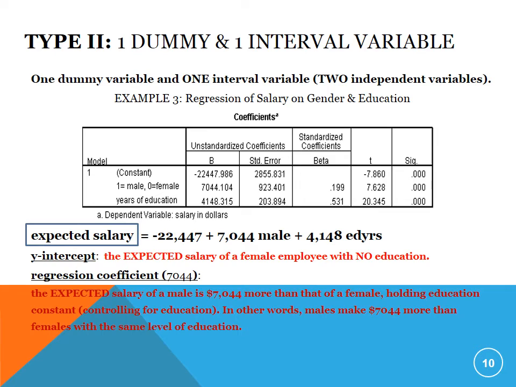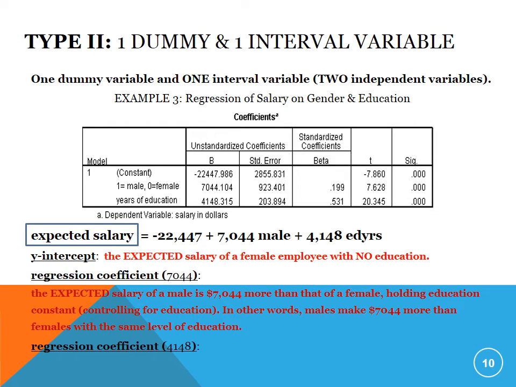Never forget this, because this is what makes it a multivariate versus a bivariate regression: holding education constant, or said another way, controlling for education. So, in other words, males make $7,000 more than females with the same level of education. Either of these two sentences is just as good, as they're both correct.